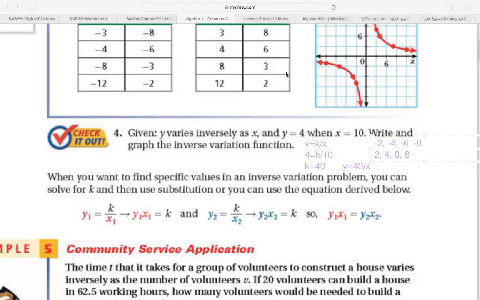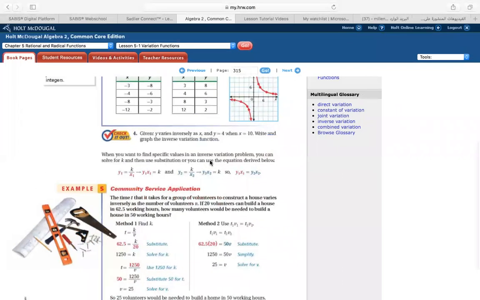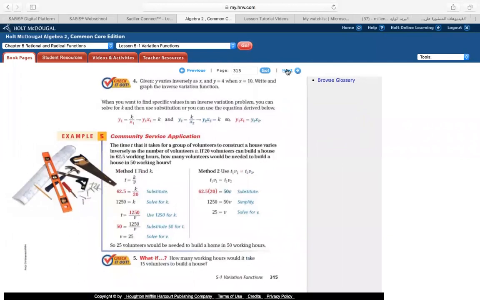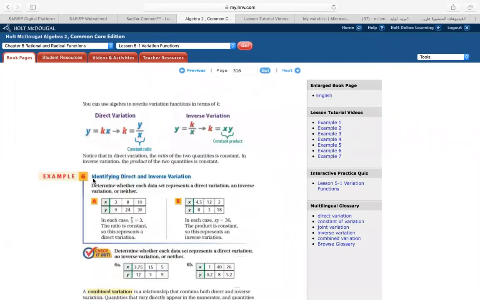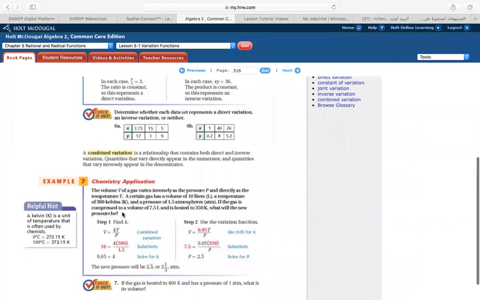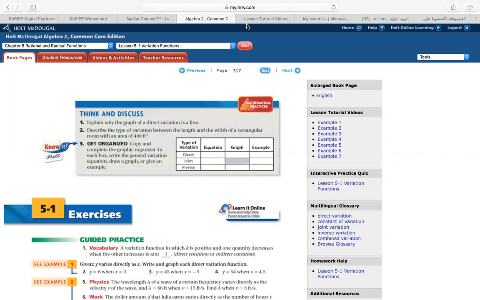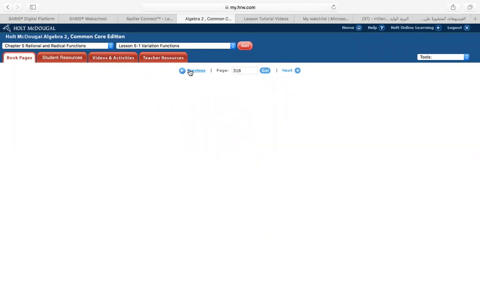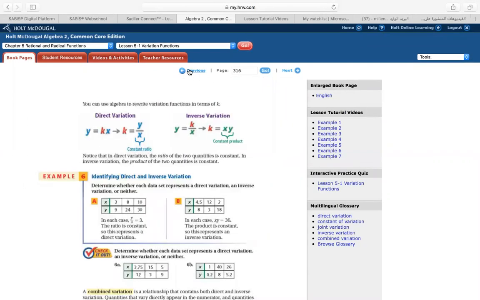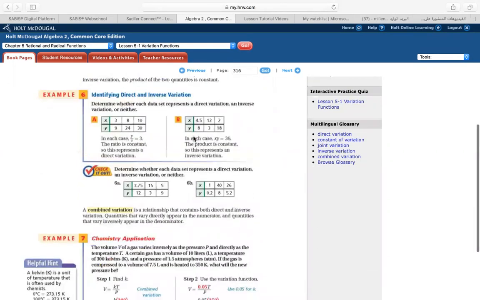Left for us is the last variation, which is called combined variation. Here it is.